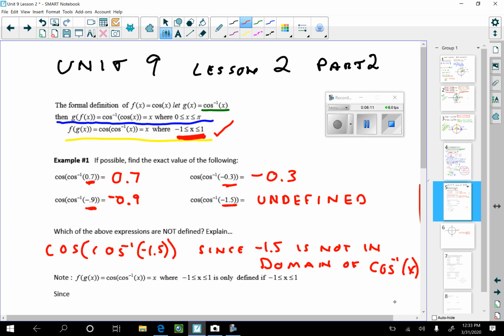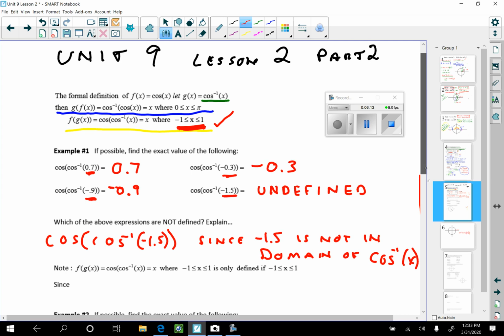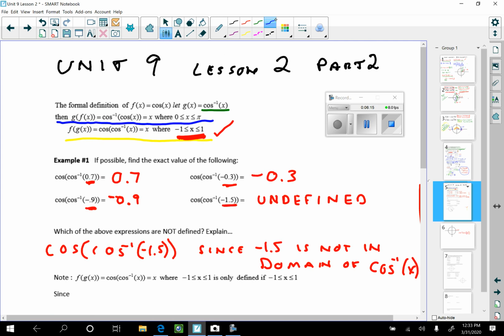Okay? And the other big important statement we want to make is this. If I take the cosine of inverse cosine of x, that is equal to x, where x is between negative 1 and 1. That's only defined if x is between negative 1 and 1. If x is outside of negative 1 and 1, this thing is not defined. Why? Because the domain of inverse cosine is strictly between negative 1 and 1.